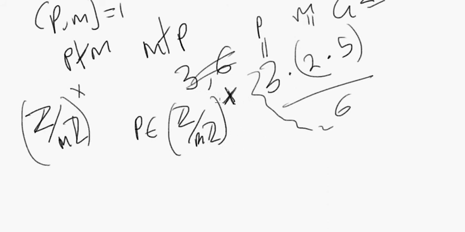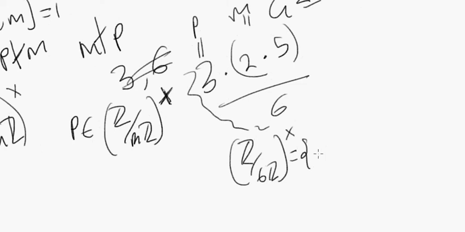And Z mod mZ star is, for instance, Z mod 6Z star: you get all the elements mod 6 and you only pick those that are relatively prime to 6. For instance, 1 is relatively prime to 6. What about 5? Is 5 relatively prime to 6? Is there anything else here?